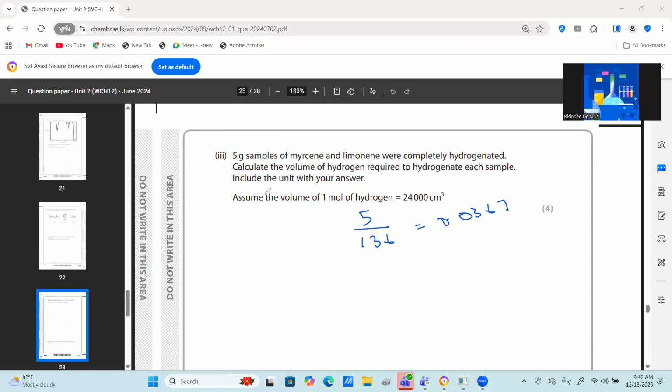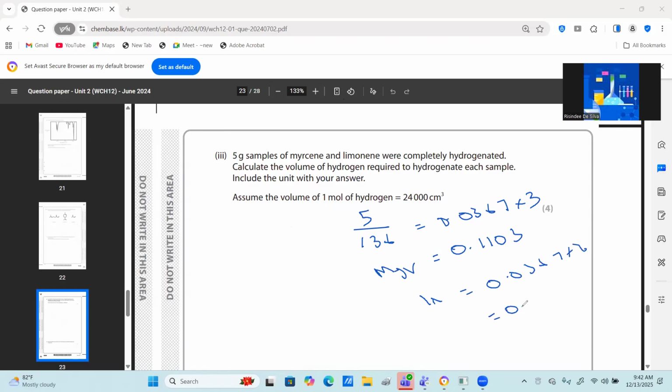For myrcene, you have 3 double bonds. It should be multiplied by 3 to find the moles of hydrogen, which is 0.1103. This is for myrcene. For limonene, you need to multiply by 2 as there are 2 double bonds.